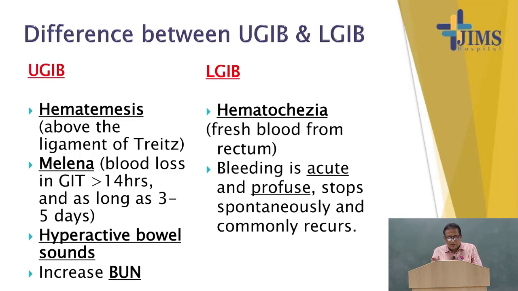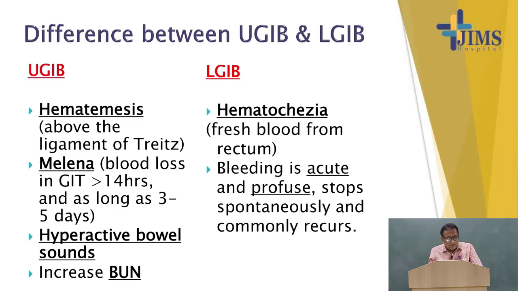Tachycardia, pulse rate more than 100, hypotension, blood pressure less than 100, and cold extremity with oliguria, all this together means the patient is in shock, with severe upper GI bleeding giving rise to shock, and this patient needs special treatment immediately before going to investigations.